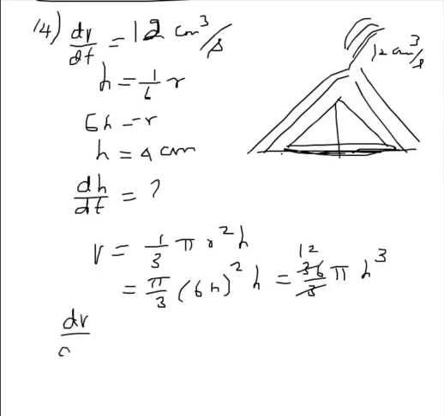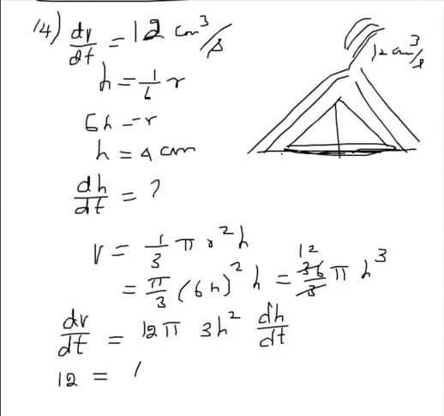Now let us differentiate with respect to t. 12 pi is a constant. For h cube, the power has to be differentiated first, then h has to be differentiated with respect to t. Now substitute all the given values. All our variables I said, r, h, V, everything, we have to substitute only after differentiation.